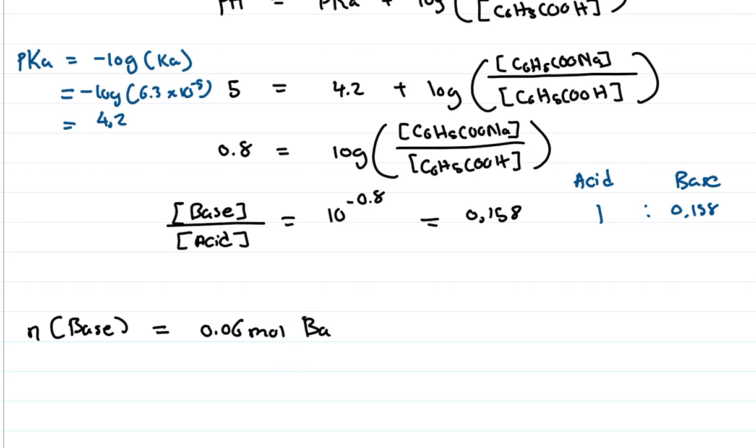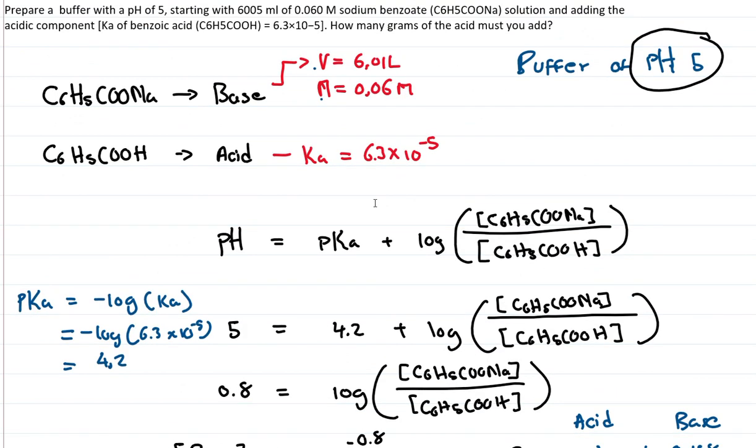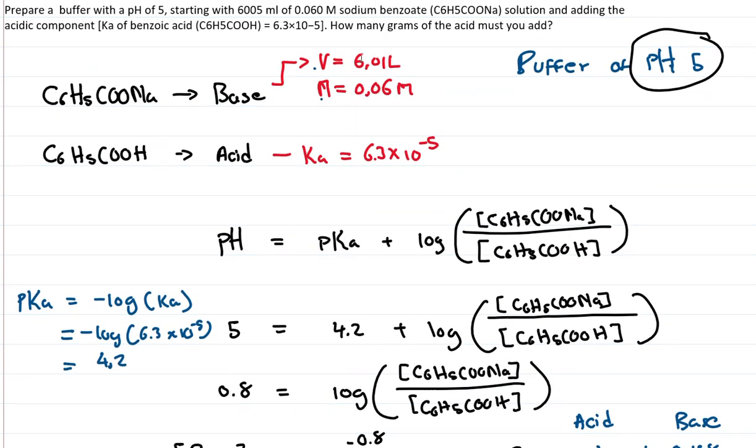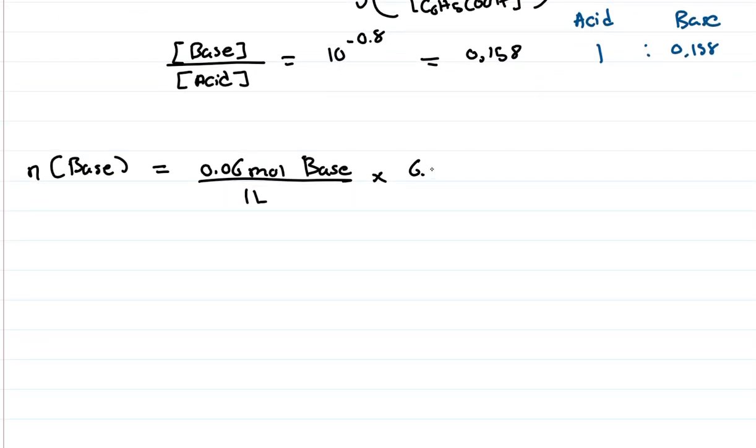So we have the mole of the base, this sodium benzoate. So we are going to divide this by 1 liter. Multiply that by the given volume from the question, which is 6.01 liter.